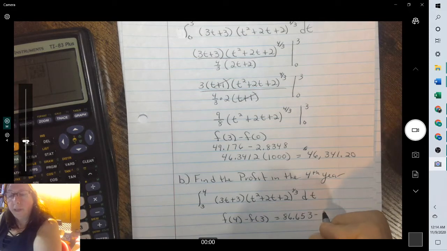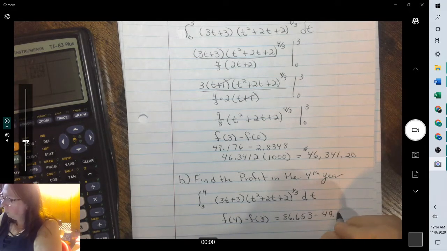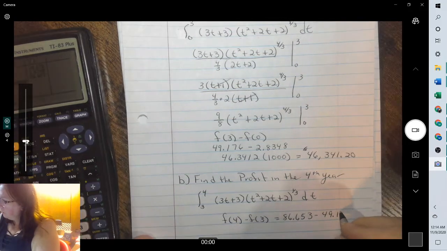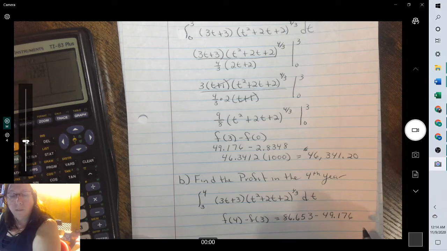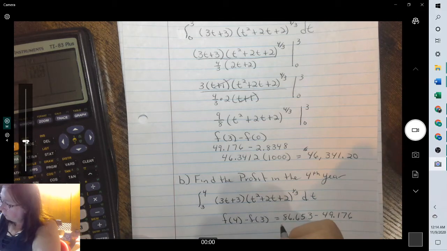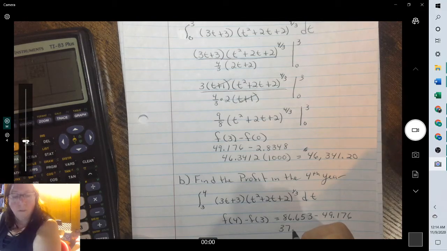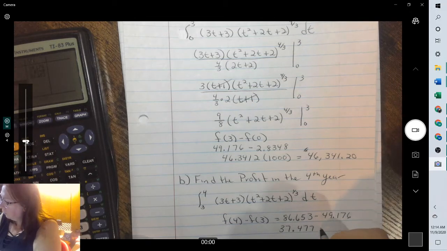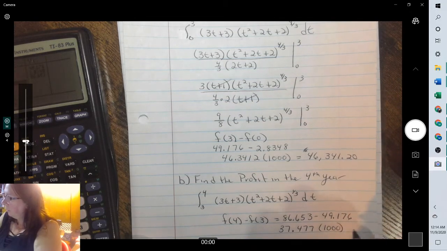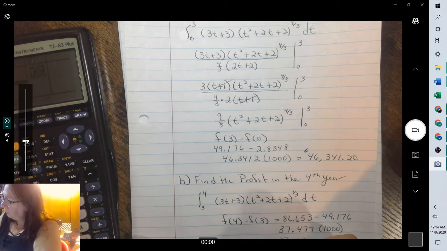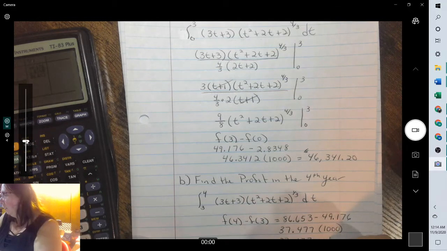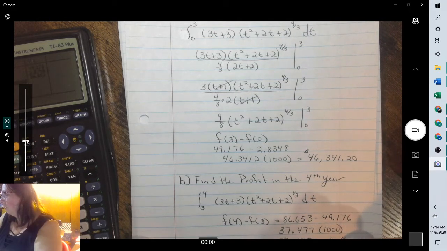And the 3 we had, 49.176. And if we subtract those, we have this. To find the profit, we multiply by 1,000, and it's $37,477 in the 4th year.